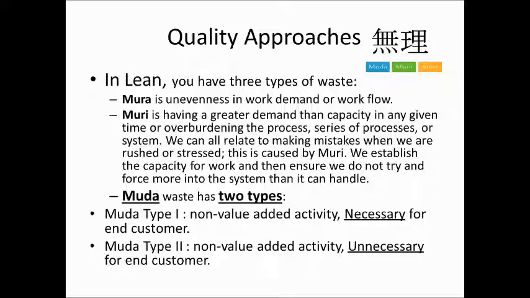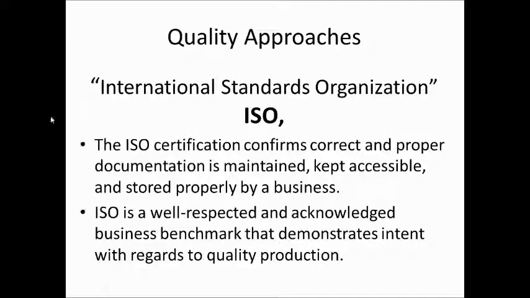If it is necessary for the product and the satisfaction of the end user, it is type 1. If it is unnecessary for the product to satisfy the patient, it is eliminated. But both of them are non-value added activity.